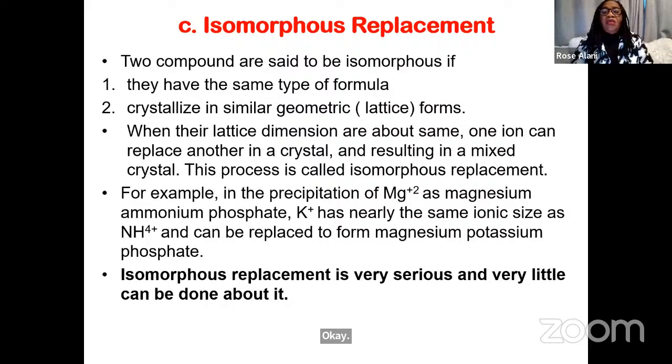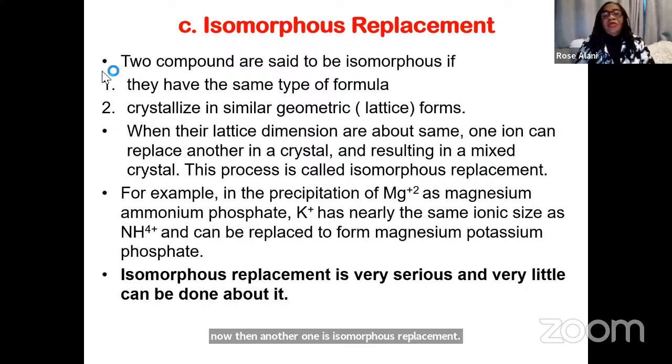Now then, another one is isomorphous replacement, still under co-precipitation. Two compounds are said to be isomorphous if, one, they have the same type of formula, and two, they crystallize in the same geometric forms.